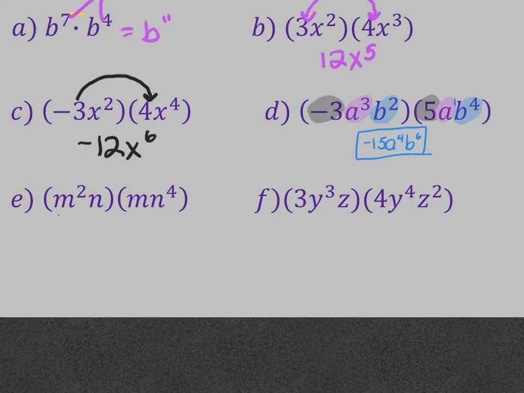So I have an M to the second and an M to the first. That's going to be M to the third. I have an N to the first and an N to the fourth. That's going to be N to the fifth.